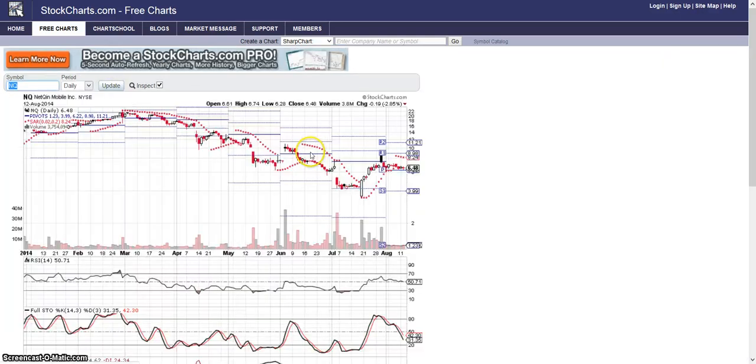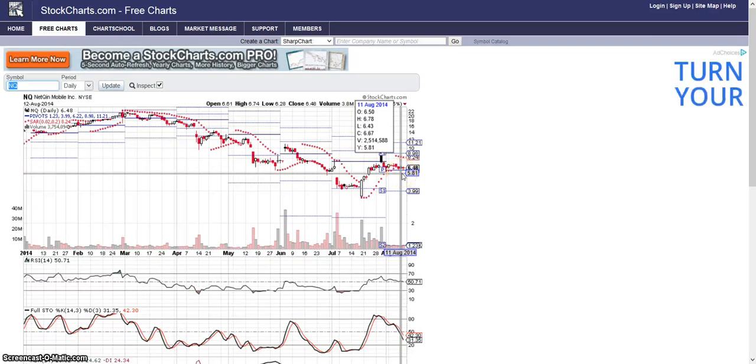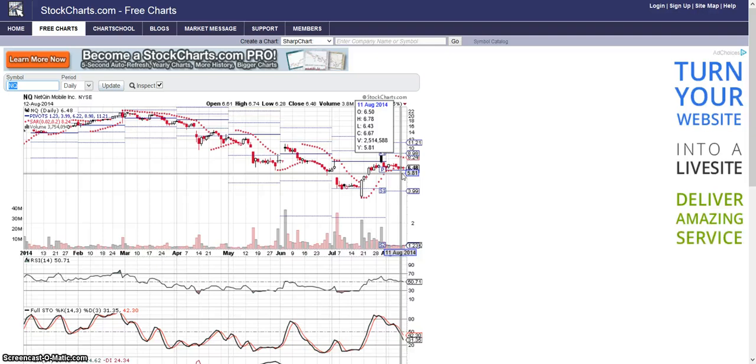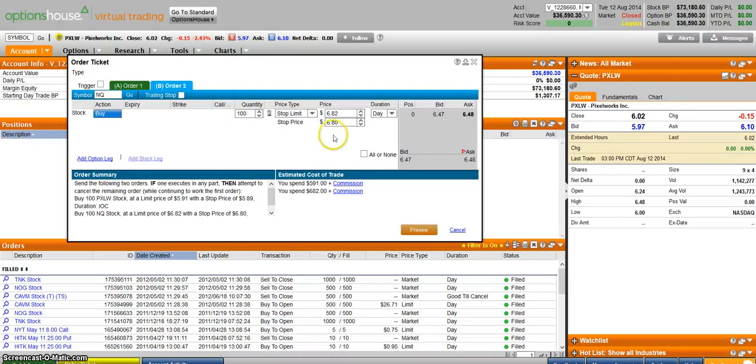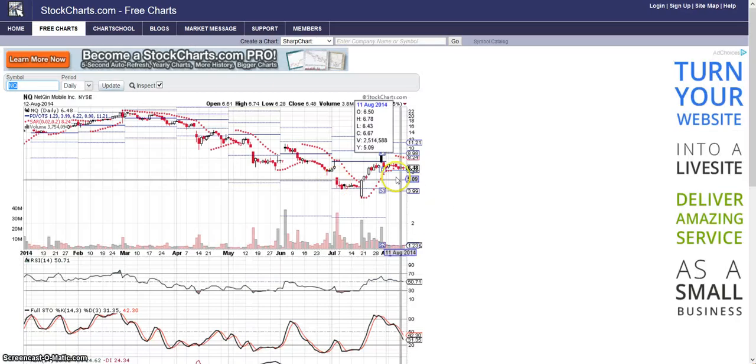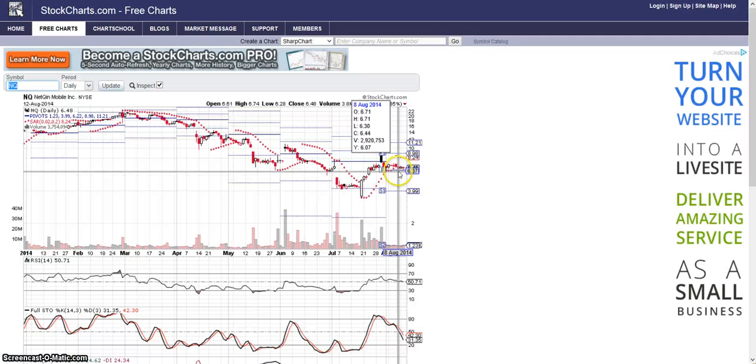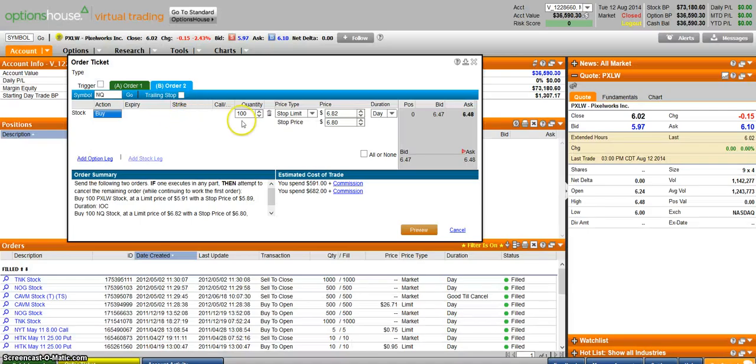I guess it really wouldn't have mattered, but either way, NQ didn't really do anything. And again, this is just an example, but it didn't go above our entry point of 6.80. So with this, we didn't have to pick which one to try, PXLW or NQ. We picked both, and the one that bounced was purchased, whereas the other one wasn't.